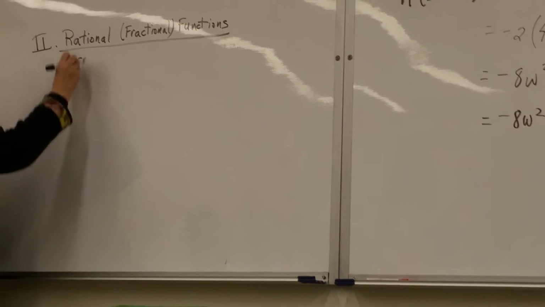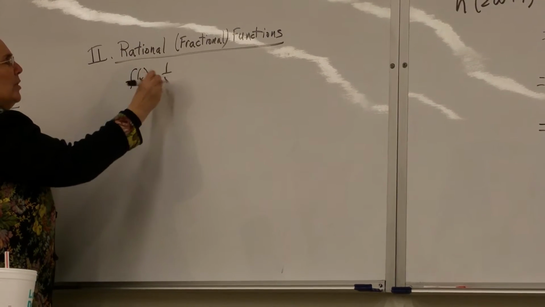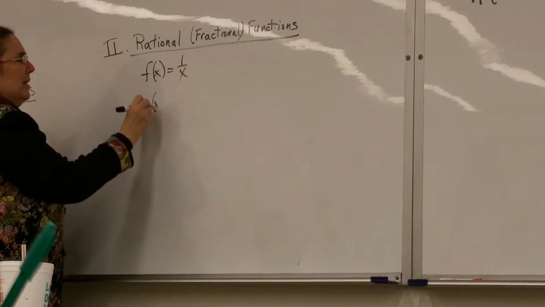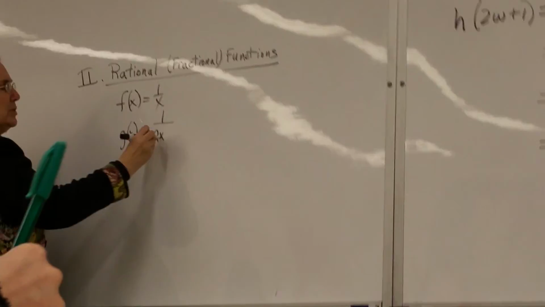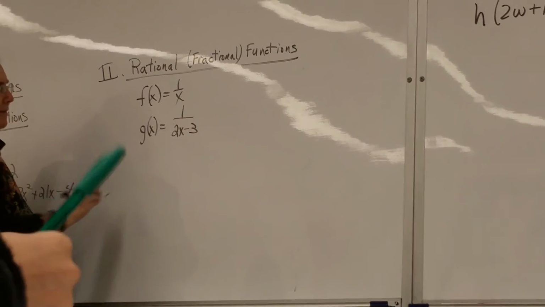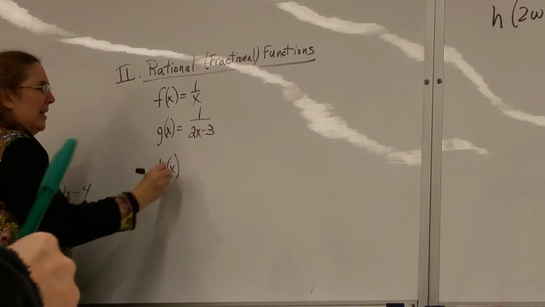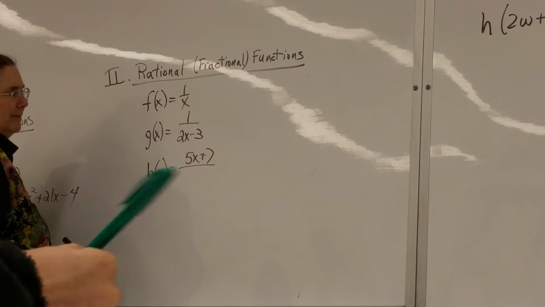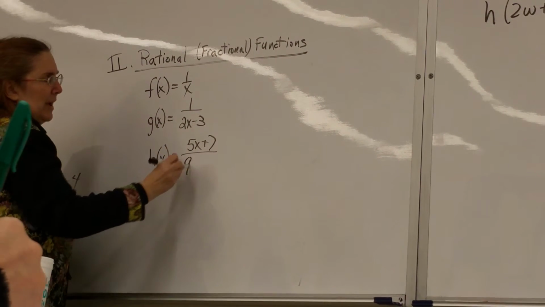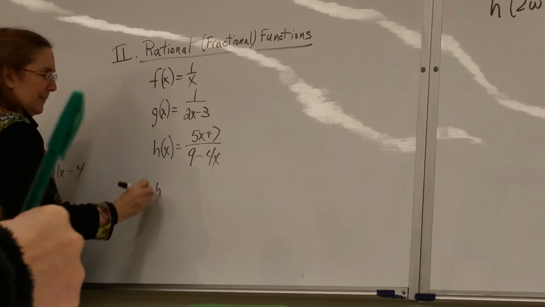Let's look at f of x is 1 over x. g of x is 1 over 2x minus 3. h of x is 5x plus 7 over 9 minus 4x.